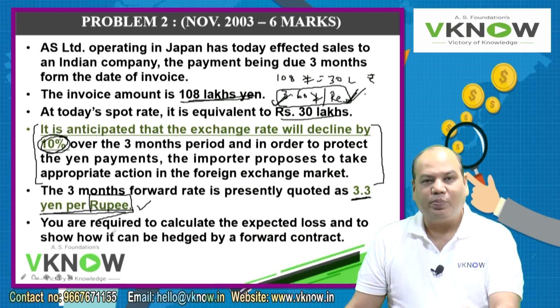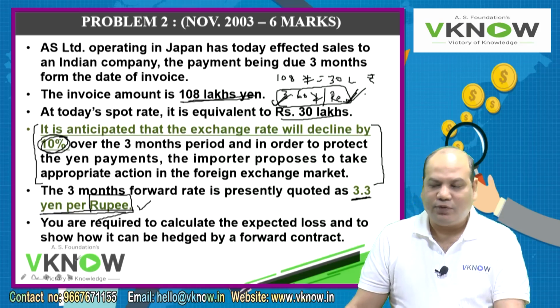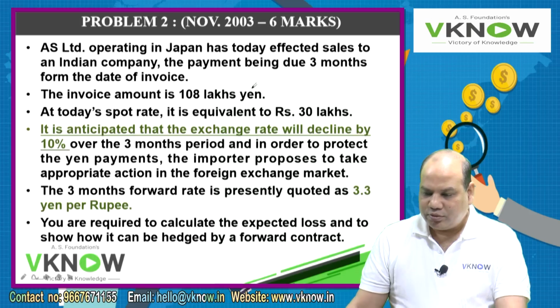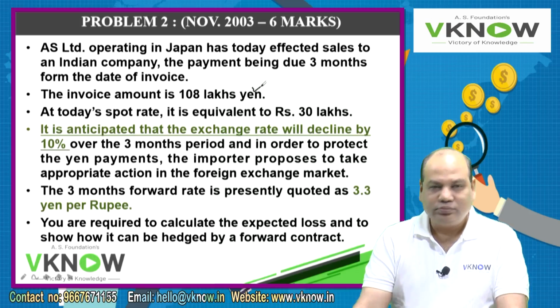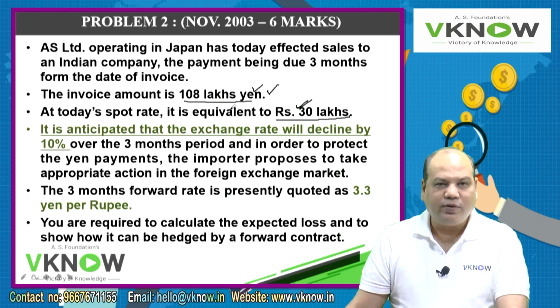Last line again they have copied and pasted. You are required to calculate the expected loss and to show how it can be hedged by a forward contract. Only difference is instead of dollar, now it is yen, and the spot rate, instead of given directly, they have given the invoice value in equivalent rupee amount, from which you can find out the spot exchange rate.